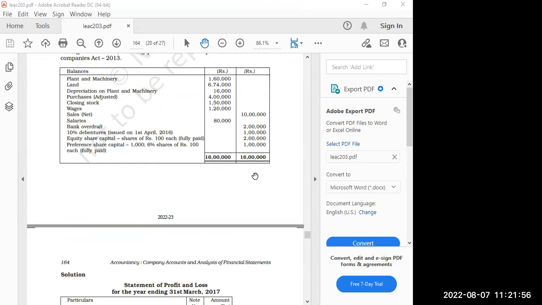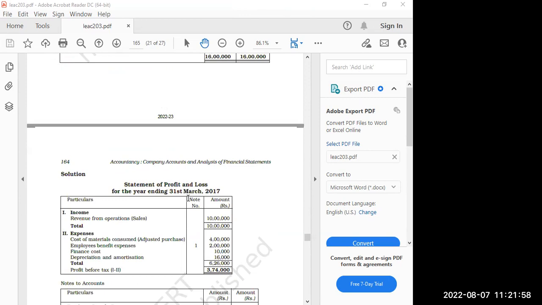Net means after deducting the sales return. Suppose there is a sales as well as a sales return in the trial balance, what do you do? You have to take the sales minus the sales return. The remaining balance you have to bring to the P&L account. It is done already, so we are taking that directly. Net sales, how much? 10 lakhs.